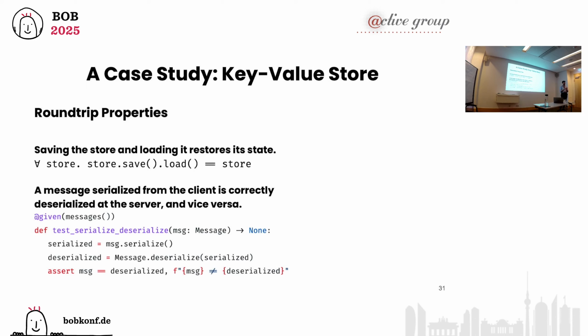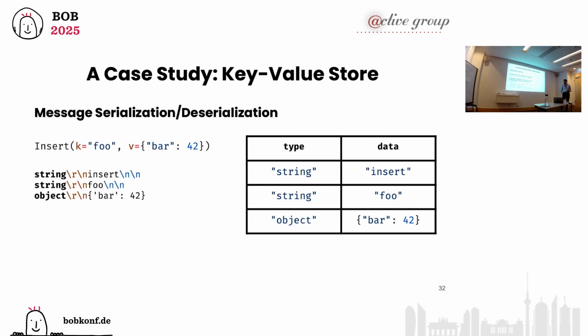If the server cannot deserialize it, then I may as well have not sent it. So this is the property test that I wrote. I have a generator called messages that I'll be showing you in a minute. That generates a message, and that gets serialized and deserialized back, and I check that both of them are the same.